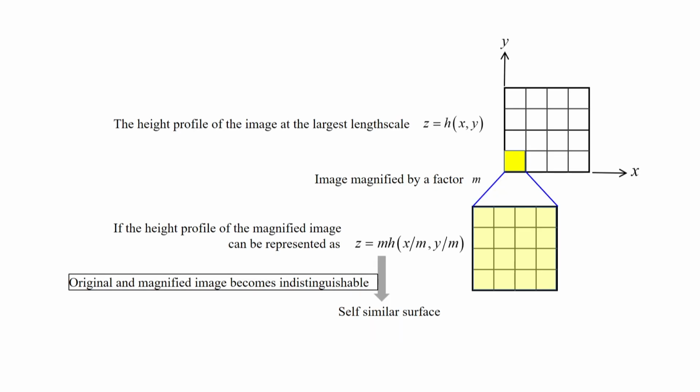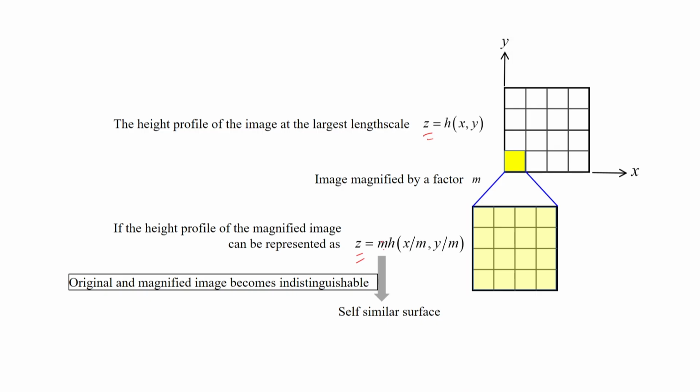Suppose you have a height profile of an image, given as z equal to h of x, y. Now you magnify the image by a factor m, let us say 10 times or 100 times, and then you try to see the surface. The z value will be m into h of x by m, y by m.